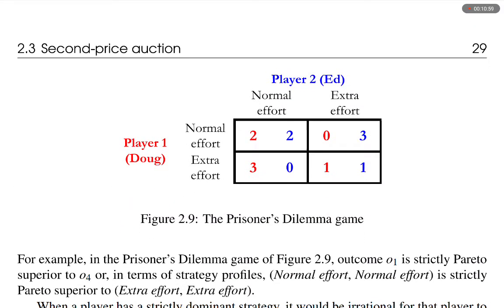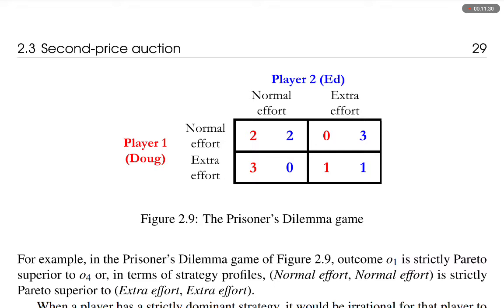Figure 2.9, the prisoner's dilemma game. Player 1 has the rows, with normal effort and extra effort as choices. And player 2 has the columns, with the same choice set of normal effort and extra effort.